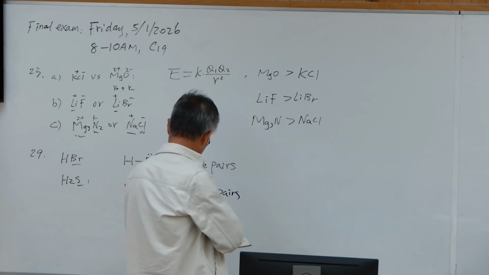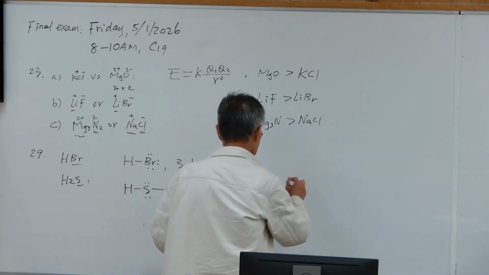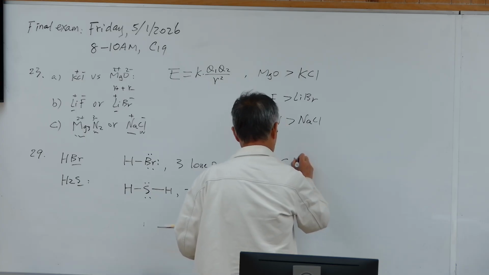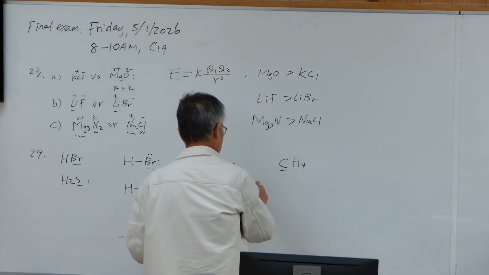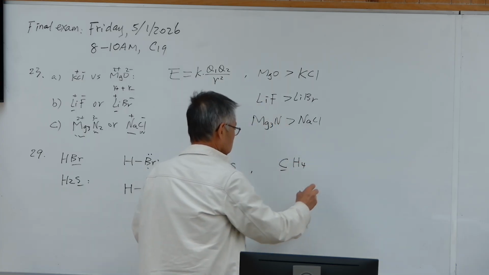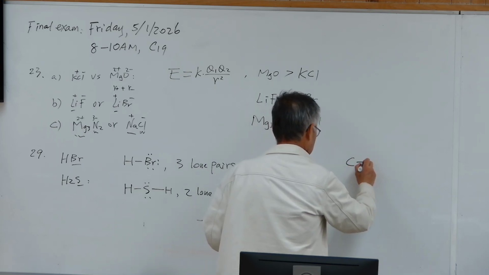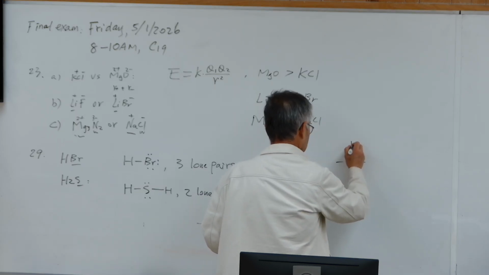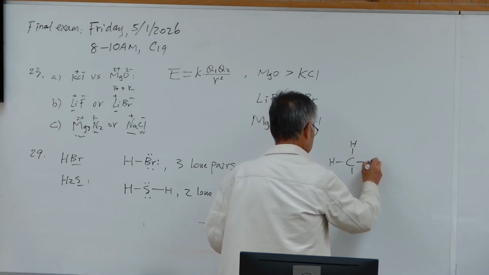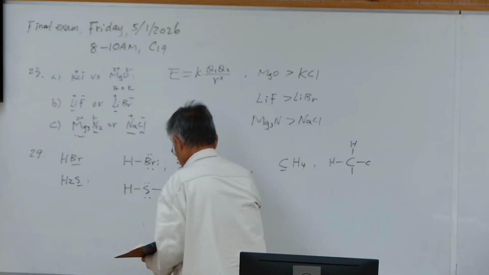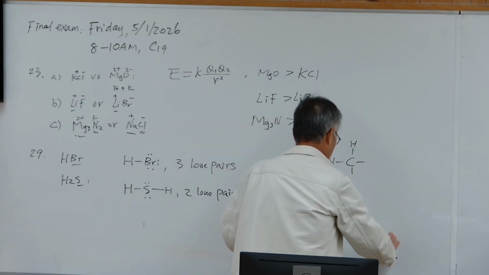And the last one is methane. Underlined is carbon. So methane, the Lewis structure looks like this: 4 carbon-hydrogen single bonds.